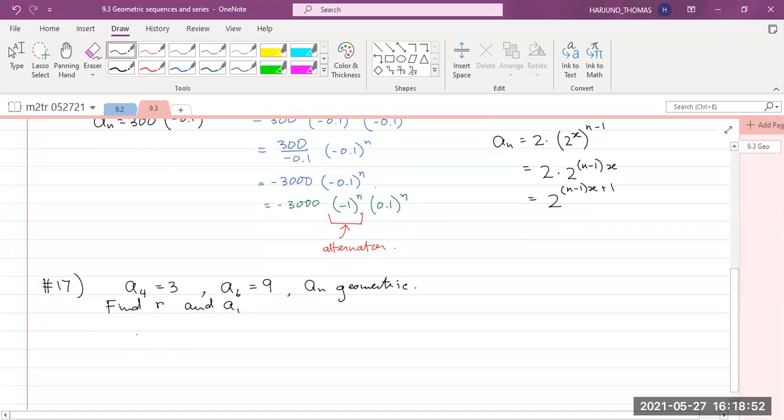Now you see that the fourth term, which is 3, is the first term times R cubed, while the sixth term, which is 9, is the first term times R to the fifth. Now, you divide it.